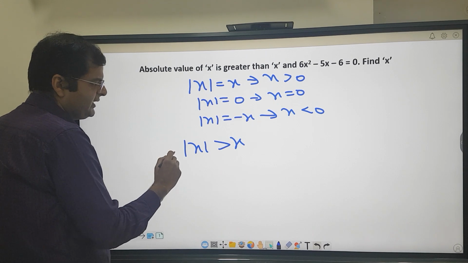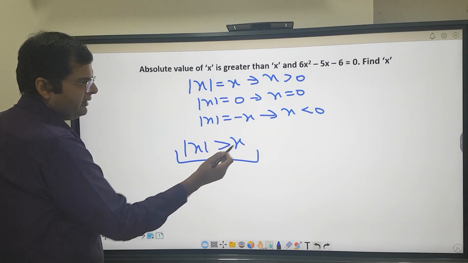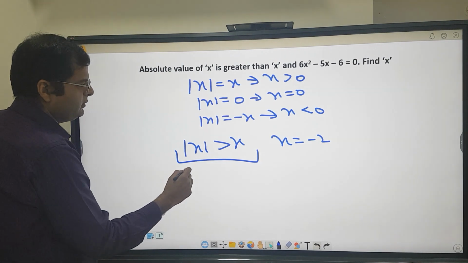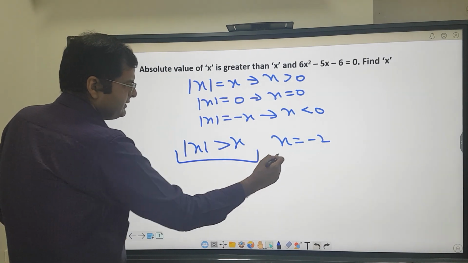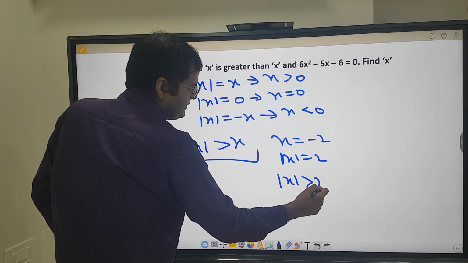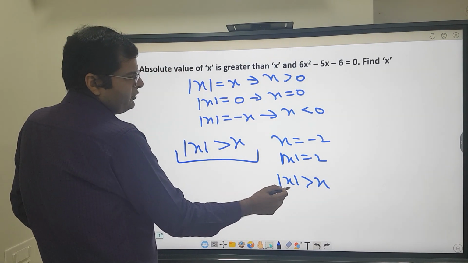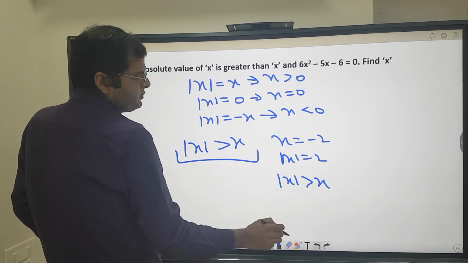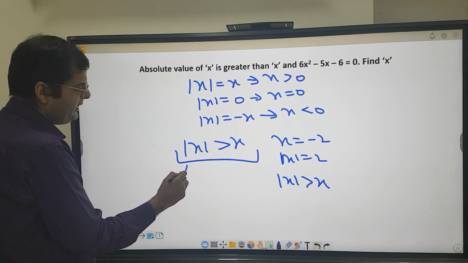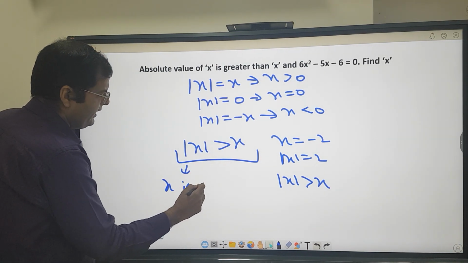Only when x is negative is this true. If you want to check, you can take x as minus 2. The absolute value of x will be equal to 2, and the absolute value of x is greater than x, because the absolute value of x is 2 and x is minus 2. So from this statement, we conclude that x is negative.